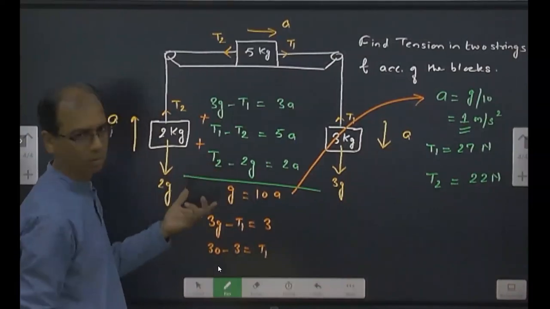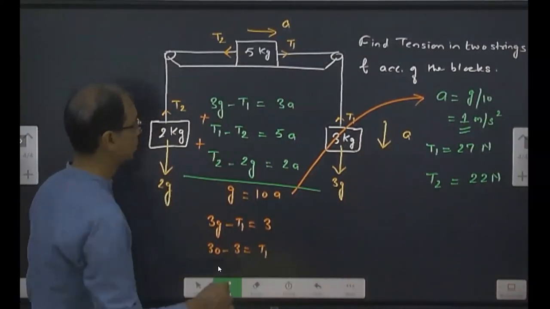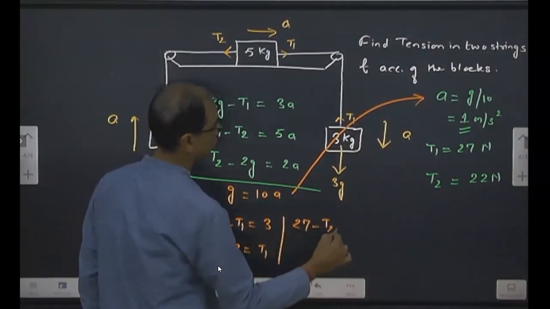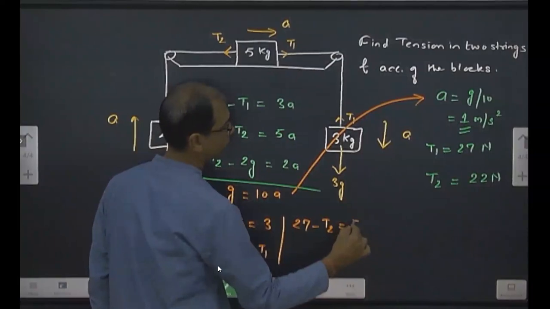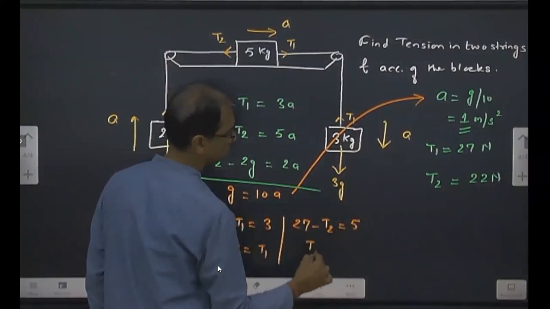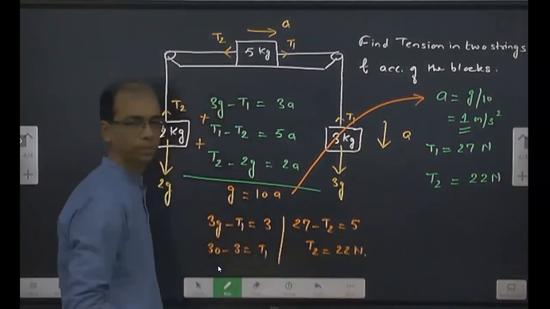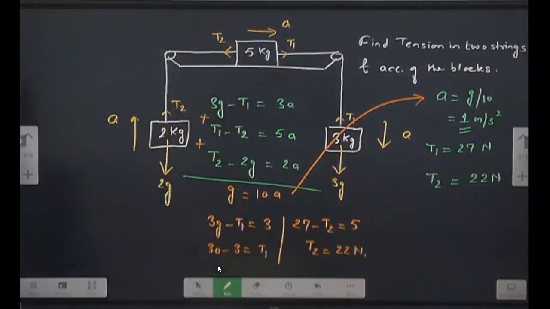So then 27 minus T2 equal to 5A. What is the A value? 1. So 5. So T2 is 22. That's all. It's over. Is it clear? Yes. Okay. Shall we move ahead? Yes, sir. Okay. So let's go for the next.